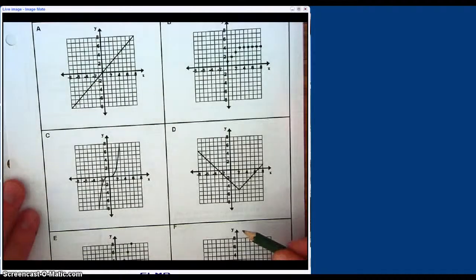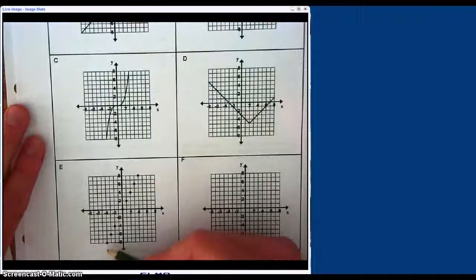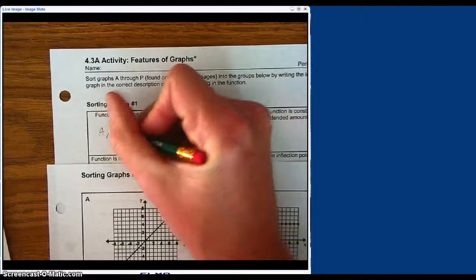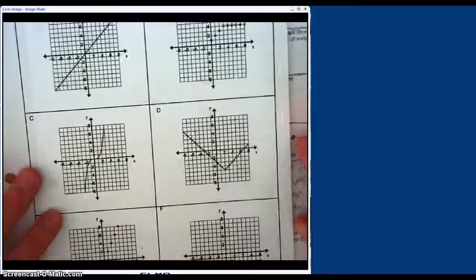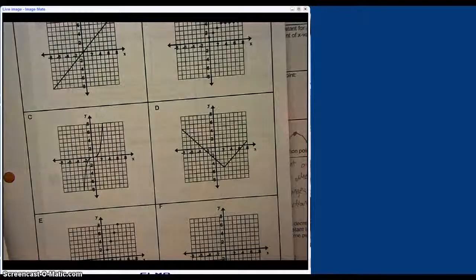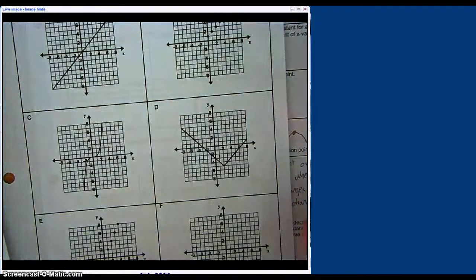How about E? E, let's see. All these dots are going uphill, absolutely. So E is one of them, and this is how you're going to continue this activity. You're going to label all the letters. Then let's look at F. What do you see on F? I don't see a whole lot. Oh, I see just a horizontal line here, perhaps? Not increasing, certainly.